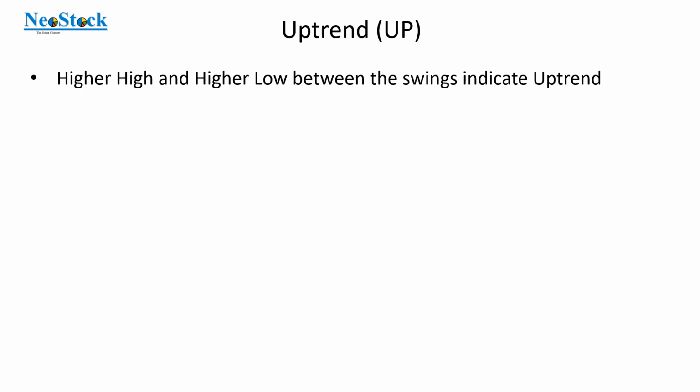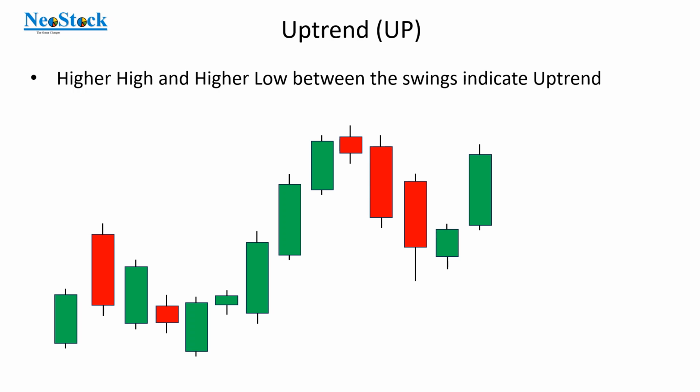So this is what you should understand. Okay, now let's compare. Let us take an example. In this example, take the first swing. This is the first swing. So this is the swing high, this is the swing low. So let us mark swing high and swing low. So what is the next swing? From here to here, this is the swing. In this swing, which is the swing high?